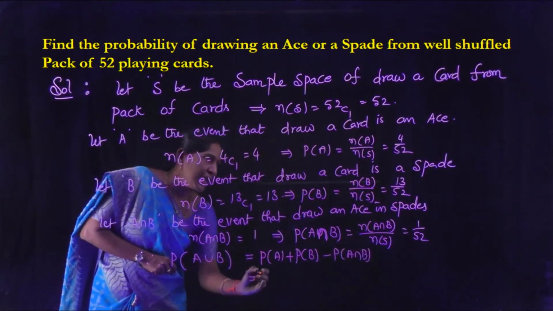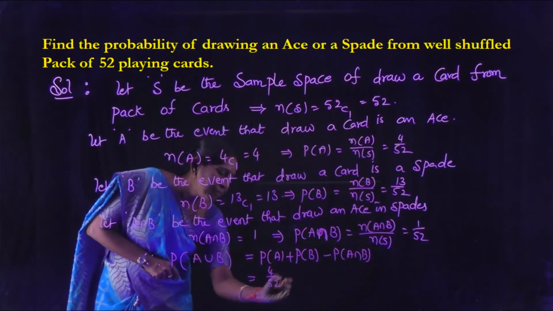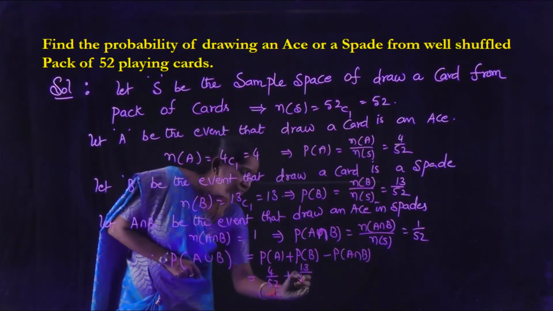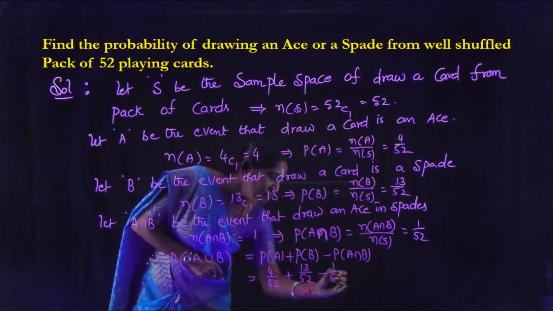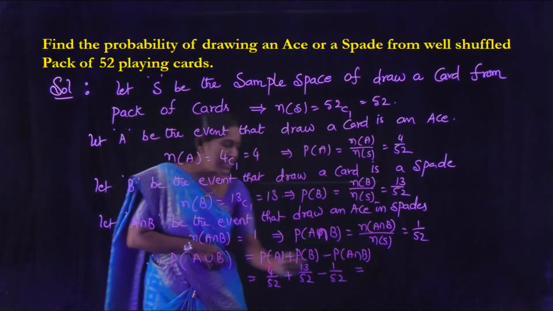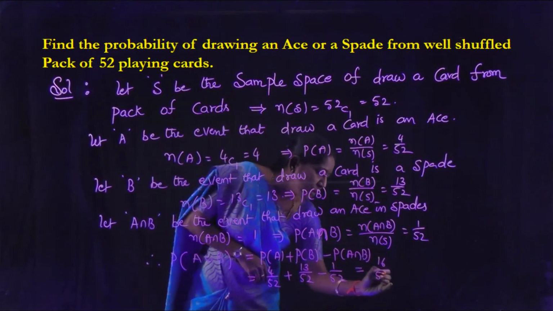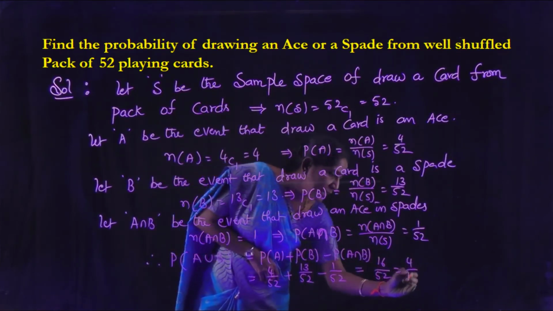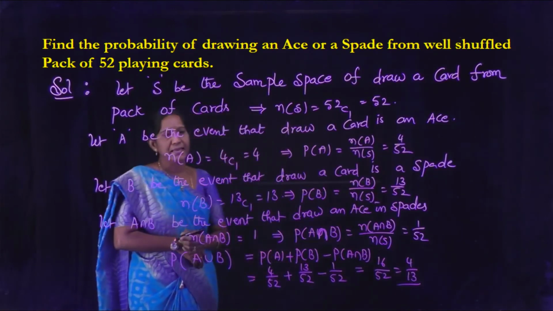P of A is 4 by 52, P of B is 13 by 52, minus P of A intersection B is 1 by 52. Then this becomes 16 by 52. By cancellation we get 4 by 13.